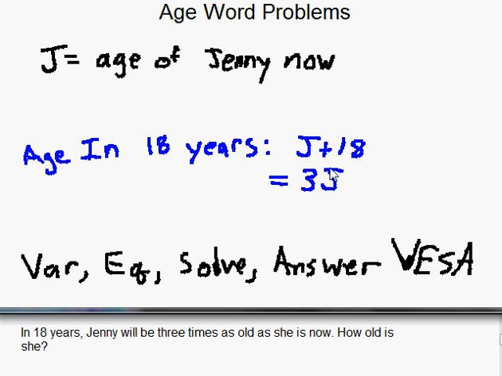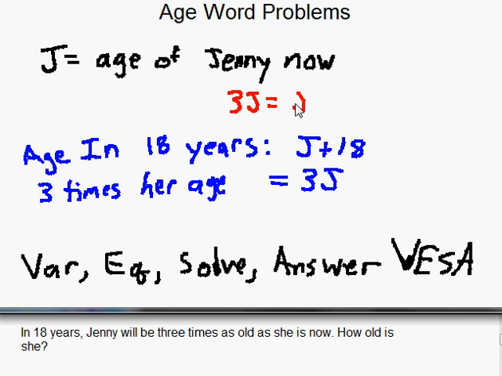3 times J, because this is 3 times her age. What the statement is saying is that in 18 years, Jenny will be 3 times how old she is now. So these two things will equal each other. Our equation is going to be 3J equals J plus 18, right? Now, does this look familiar? This looks just like one of those linear equations with one variable that we can solve.